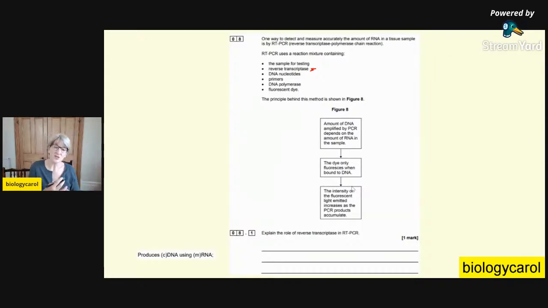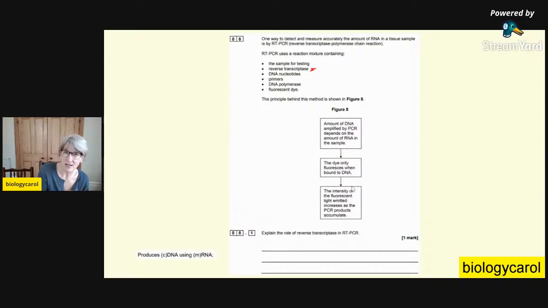Explain the role of reverse transcriptase in RT-PCR. Well, what is the role of reverse transcriptase in viruses? That is to turn RNA into DNA so that the host cell then replicates the viral genetic material.